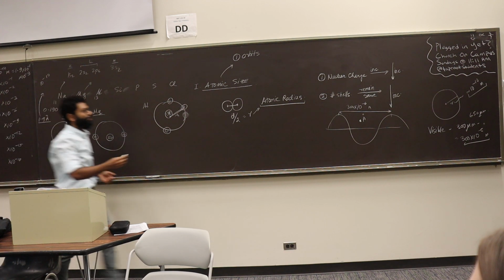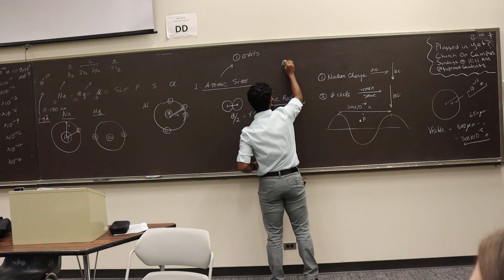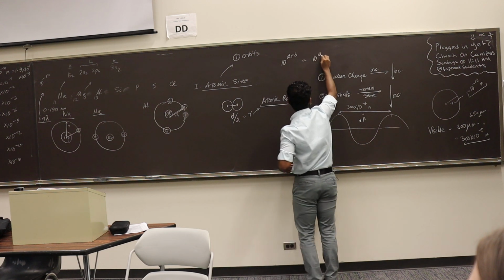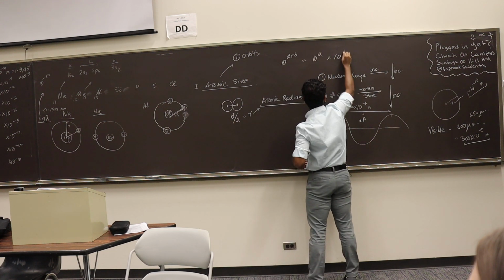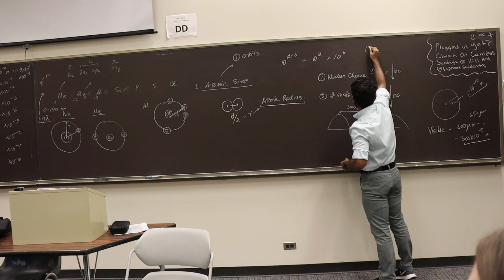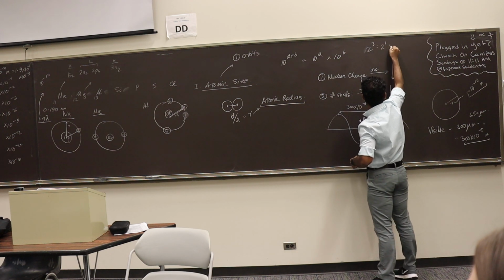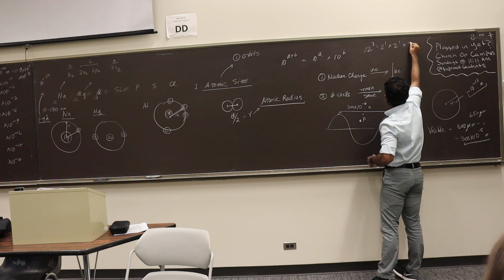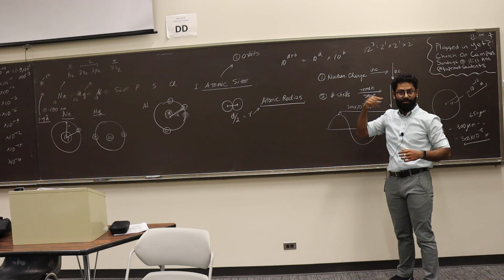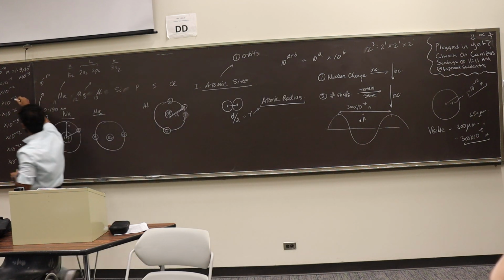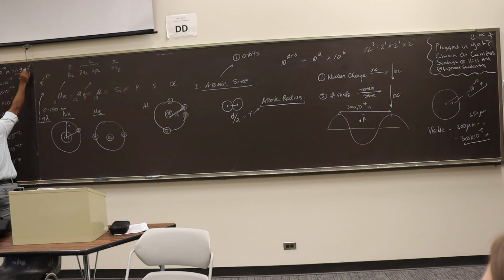Remember indices? 10 to the power a plus b is basically 10 to the power a times 10 to the power b. If you have, say, 2 to the power 3, this means something like this. So if you have 10 to the power minus 10, you can write 10 to the power minus 1 times 10 to the power minus 9.